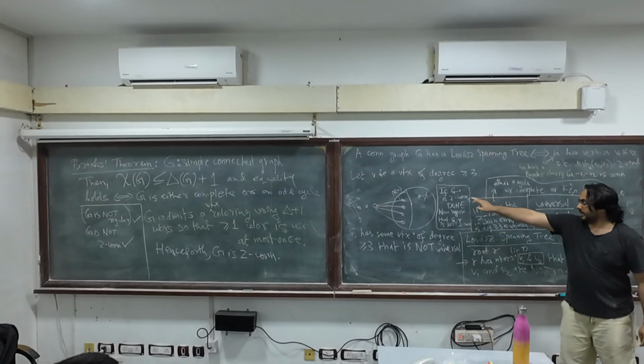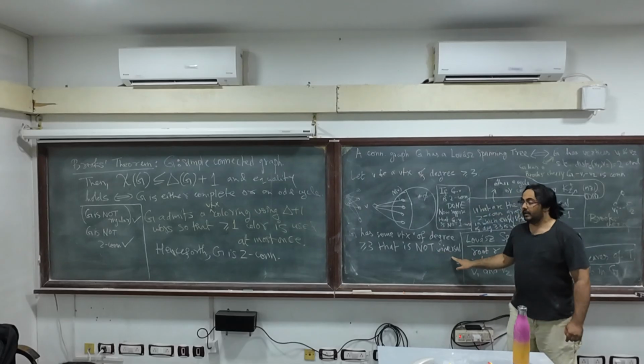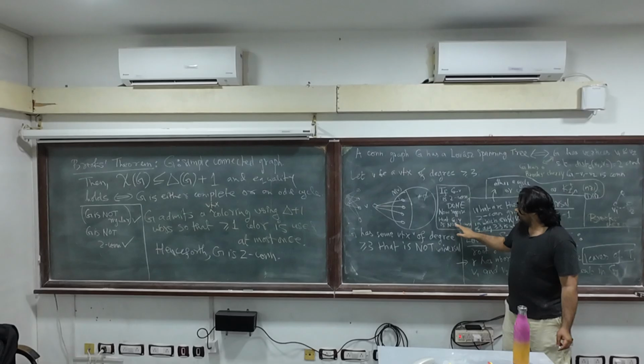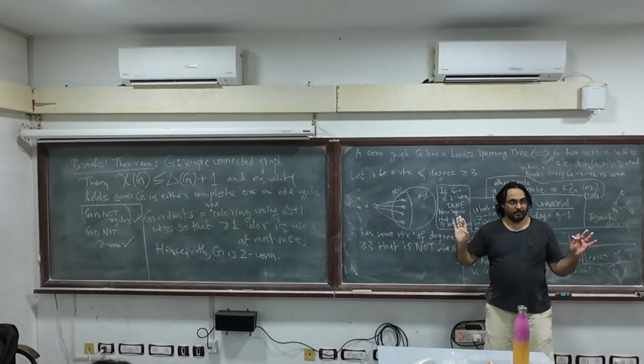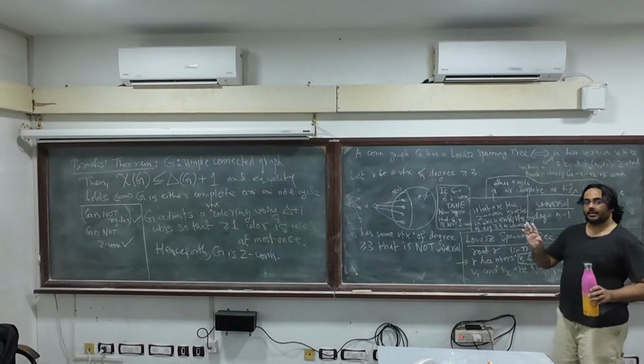The only thing that remains is there is a vertex of degree at least 3 that is not universal, and for such a vertex that we chose, the graph G minus V is not 2 connected. Yeah? This is the only case where we now need to show that a Brooks cherry exists. If we show that, we are done. Everybody with me? Questions, concerns?